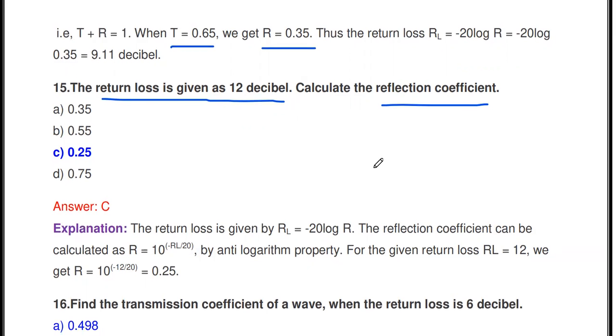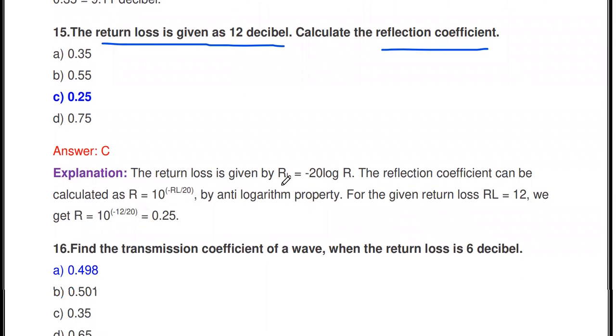We have to calculate the reflection coefficient, so it's the reverse thing. You see, the return loss RL equals minus 20 log of R. Here RL is given and we have to find the value of R, so you just rearrange the formula.